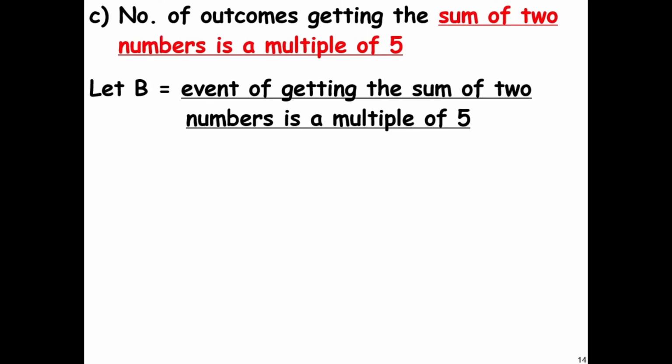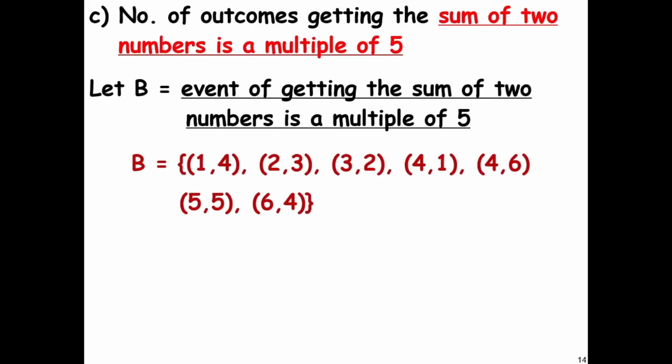From the contingency table, we can see that the first outcome is 1, 4, because when we add up 1 and 4, 1 plus 4 is 5. So 5 is a multiple of 5. The second outcome is 2, 3.